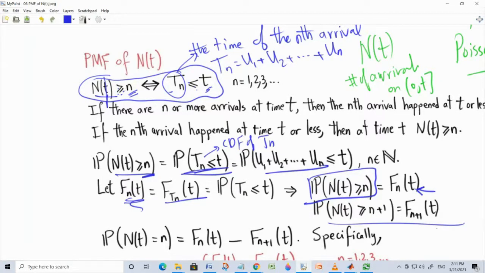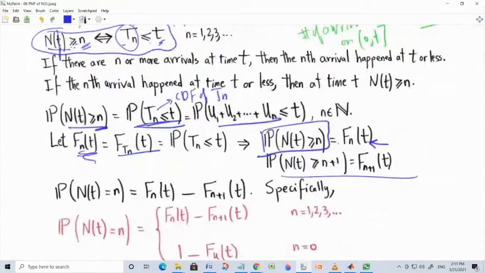Now rewrite this equality, replacing n by n plus 1. So basically, this is the probability that N of t is greater than or equal to small n. This is the probability that N of t is greater than or equal to n plus 1. So the difference between these two: the probability that N of t is exactly equal to small n is the probability that N of t is greater than or equal to small n minus the probability that N of t is greater than or equal to n plus 1.